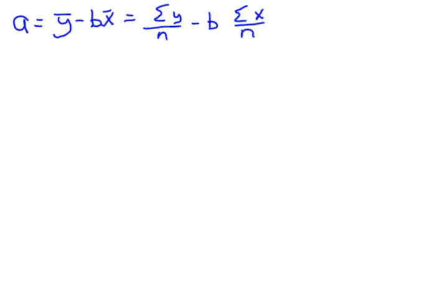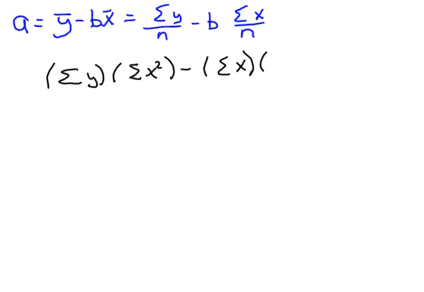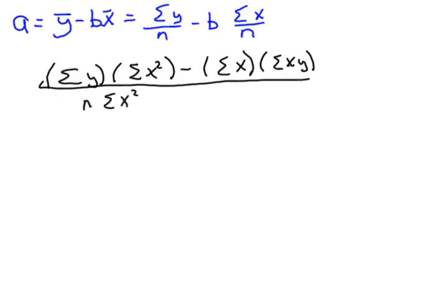Either is acceptable. Now the other version is the sum of the y's times the sum of the x's squared minus the sum of the x's times the sum of the product xy, all of that over n times sum of x squared minus sum of x quantity squared.